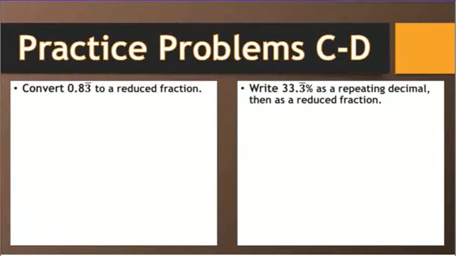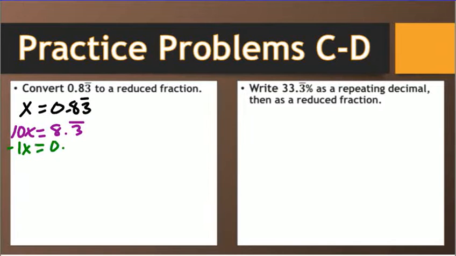A couple other ones, 0.83 with the 3 repeating. So a variable equals 0.83 with the bar over the 3. Since I have 1 decimal that's repeating, I multiply by 10, so 10x equaling 8.3 repeating. Subtract the top one, so minus 1x equaling 0.83. Remember, this is a 3 as well because the 3 is repeating. That gives us 9x equaling, not 8 point, need to borrow, it's supposed to be 7.5.